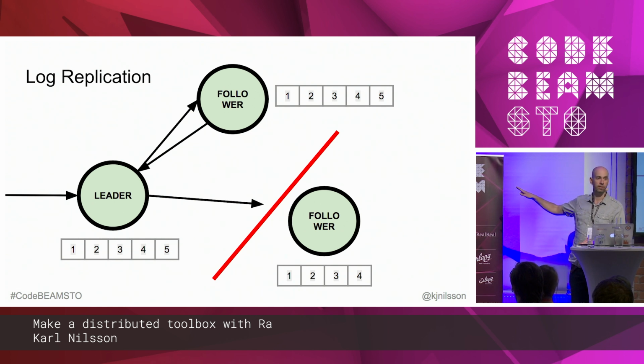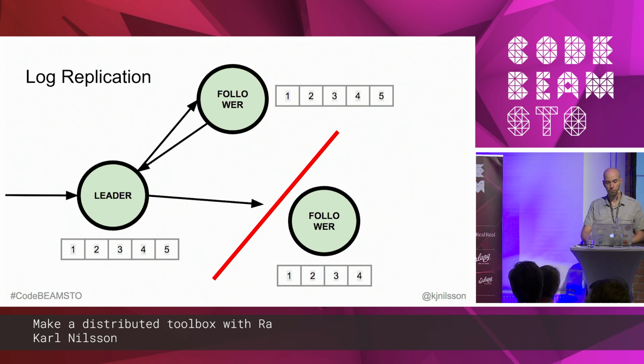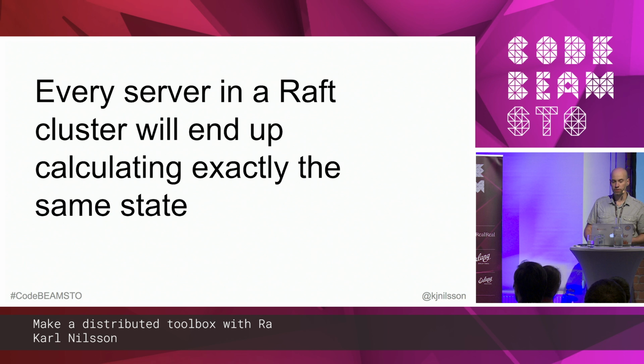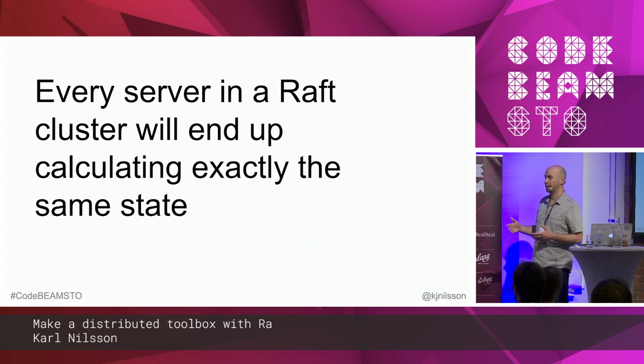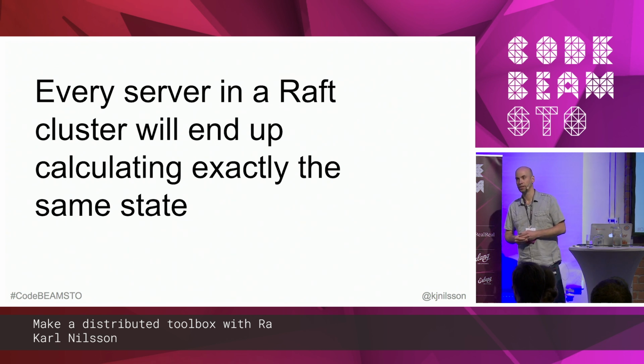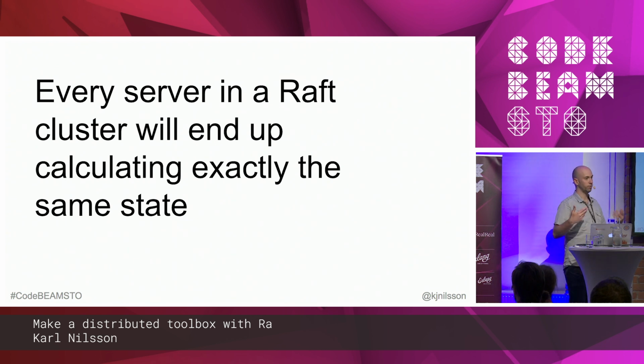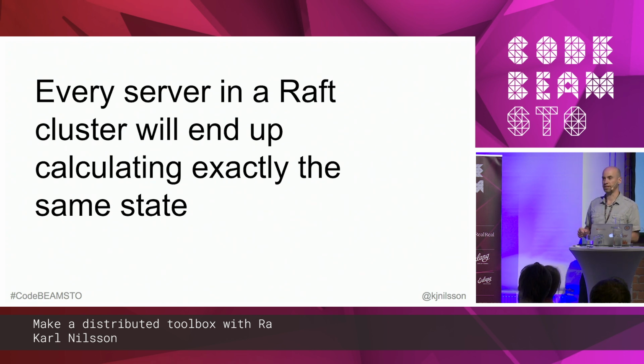Eventually that follower will receive the entries that it didn't see at the time. There's a protocol for that, and it will catch up once it's made available again. So an important point is that every server in a Raft cluster will end up calculating exactly the same state machine state eventually. So they all run the same logic. That's the replicated state machine bit.